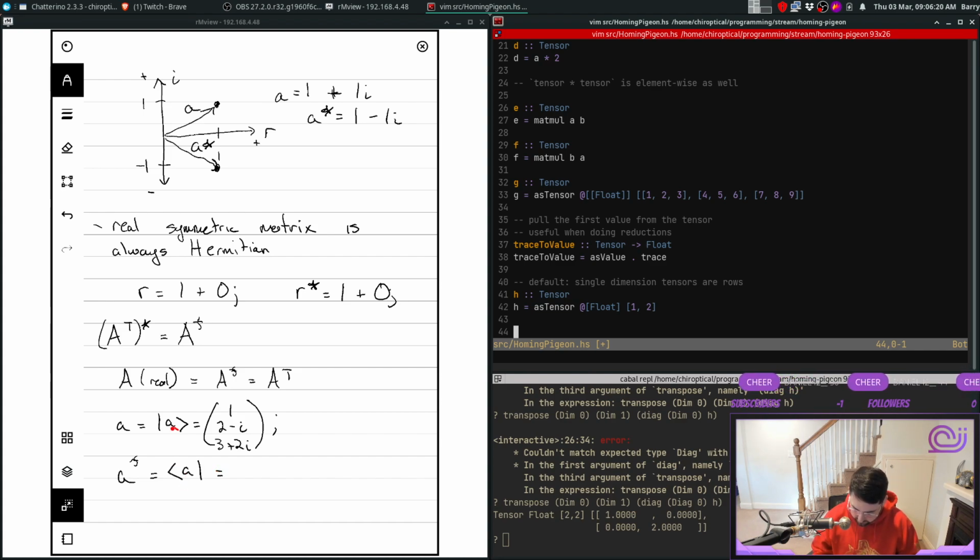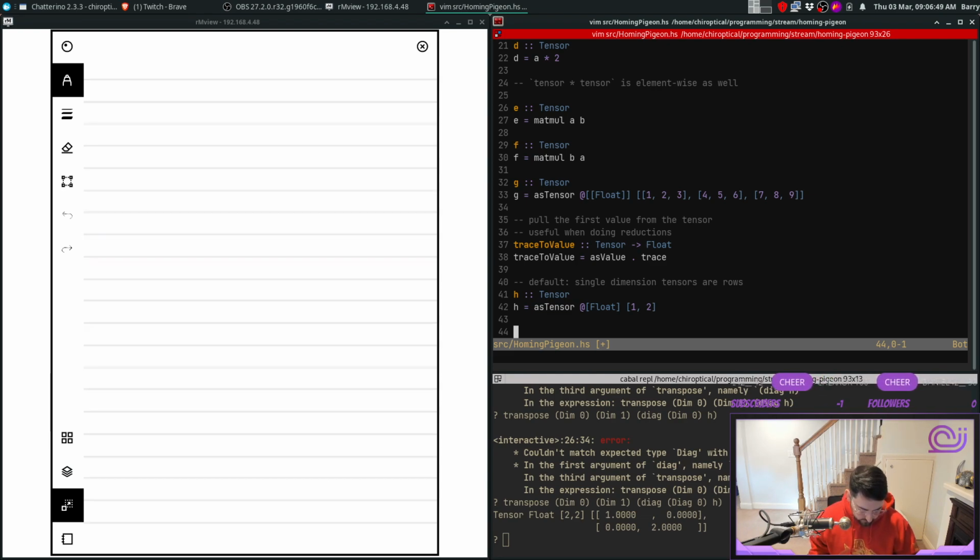Sorry, the bra. That's the cat. I keep saying them backwards. And then this just becomes a row vector: 2 plus i, 3 minus 2i, like that. Okay, so that's what this notation means. Can't draw the dagger at all.